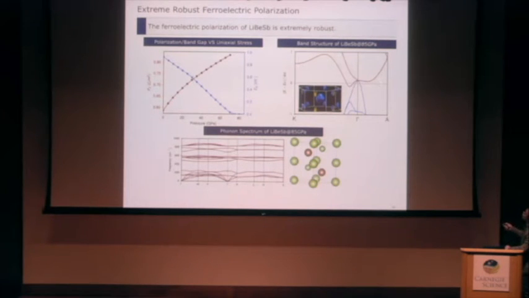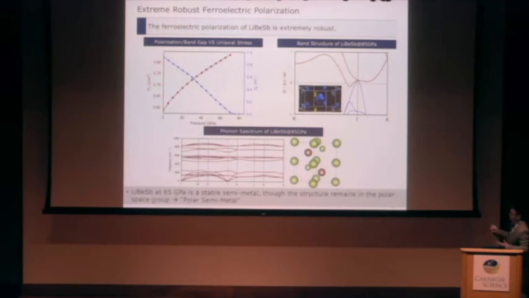And this is the band structure. Indeed, at 85 gigapascal, there are some bands crossing the Fermi level. But what's surprising is even at this very high pressure, 85 gigapascal, the structure remains in a polar space group. We look at the phonon spectrum, and all the phonon branches are stable. So that's why I call this a high-pressure polar semi-metal.